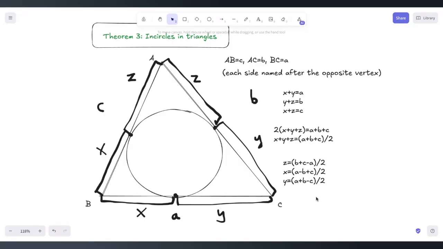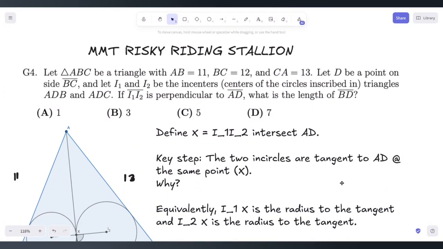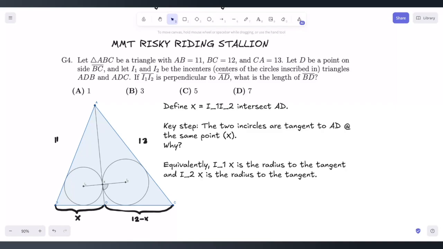So now that we've proved theorem 3, let's go on to the final boss, problem G4 from the MMT Risky Writing Stallion round. So essentially we have triangle ABC with AB equals 11, BC equals 12, and CA equals 13.